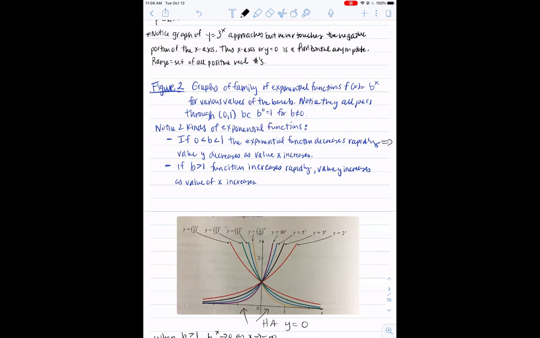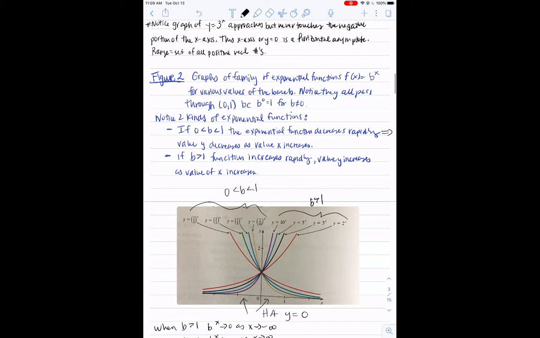So we could see that here on this side is when b is greater than 1, and then on this side we have 0 < b < 1. Okay. So we could see how when b is greater than 1, our function is increasing. So it's going up as our x values increase. So as we're going right, we're also going up.